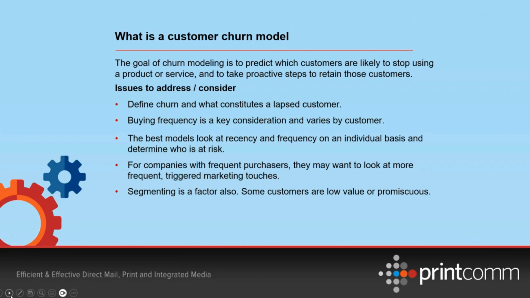Let's say the algorithm points out that Kelsey comes into my store every 6 weeks, and the last time she came in was 3 weeks ago. That would be the recency part of it. So the algorithm would return a result that she is not at risk of churn. On the other hand, if she had 6 week average purchase intervals and she hadn't been in for 7, then she might be at risk of churn and probably would be somebody who should be targeted. So that's really what the best models do for churn reduction.